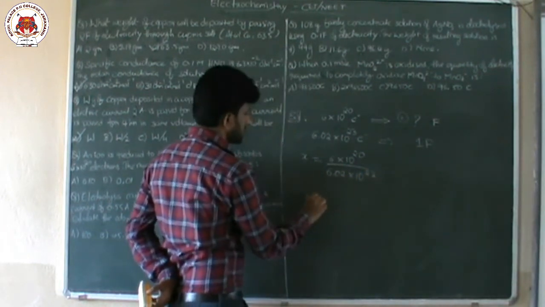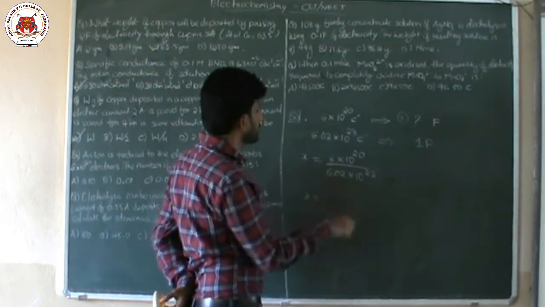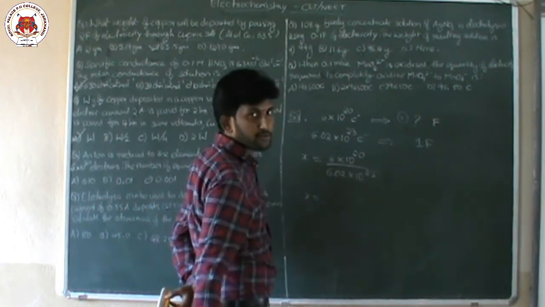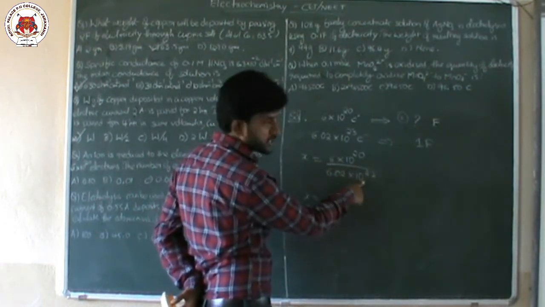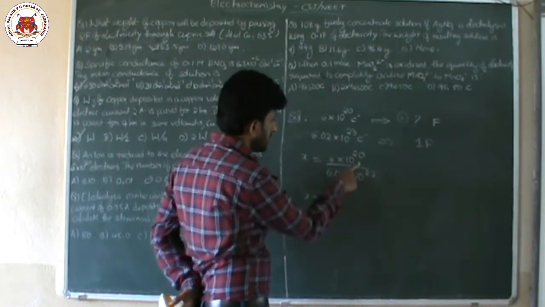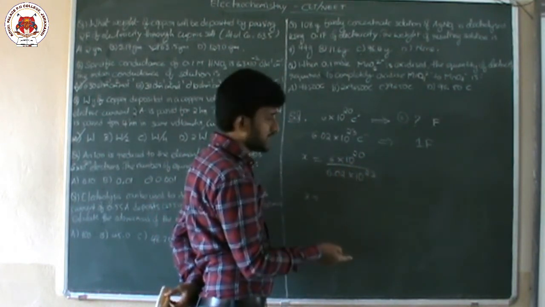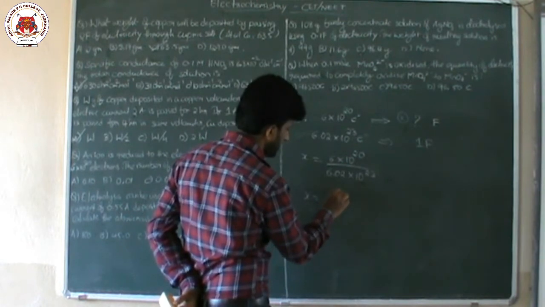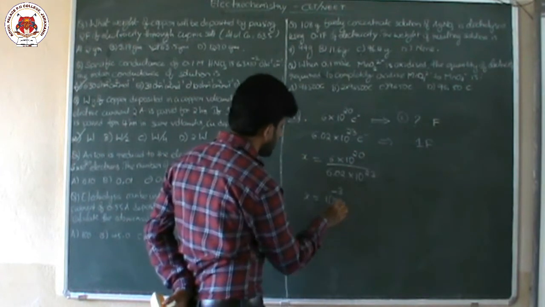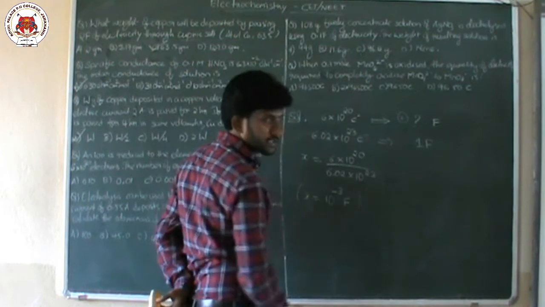Assume this is 6 only roughly. So this cancels one time, and 10 power 20 and 10 power minus 23 give 10 power minus 3. So 10 power minus 3 faradays is the charge.